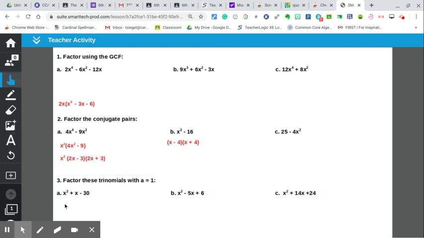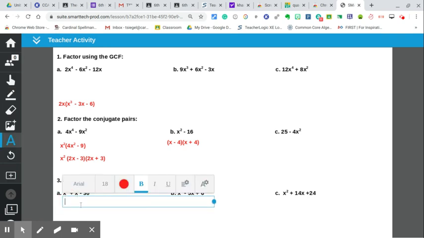So we want two numbers that add up to be 1 and multiply to negative 30. Okay, it may take a while to find these. You may have to use a calculator, but these two numbers are 6 and negative 5, right? Because 6 plus negative 5 is 1, and 6 times negative 5 is negative 30.